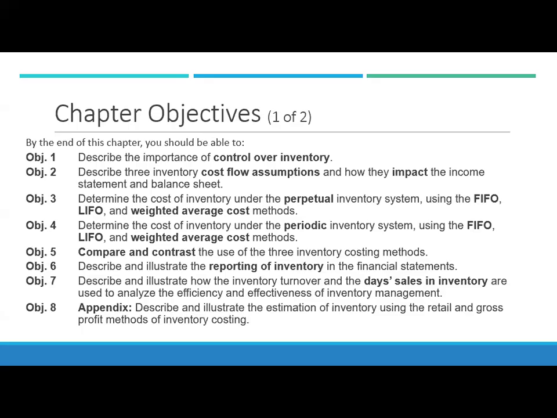How efficiently is a company turning over its inventory and cycling through it? And also using the retail and gross profit methods of inventory costing to estimate or approximate inventory valuation when we don't have a full physical count of the inventory, or when we're just doing an approximation, so to speak.